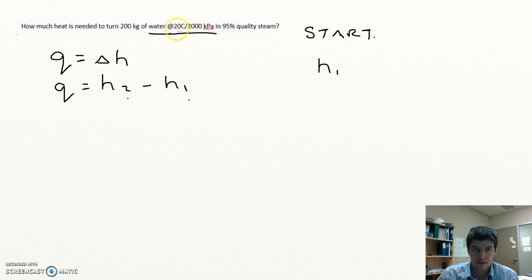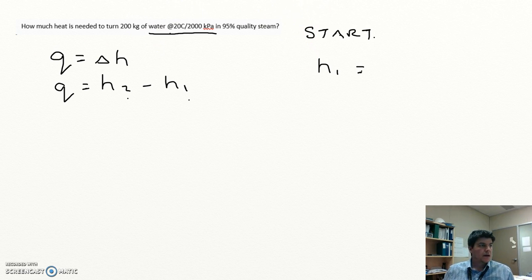Well, this is clearly in the liquid region. And when I see it in the liquid region, what it's going to trigger me to think is that I have a fluid that, if it's in the liquid region, does not get impacted by pressure. So fluids are incompressible in the liquid state.